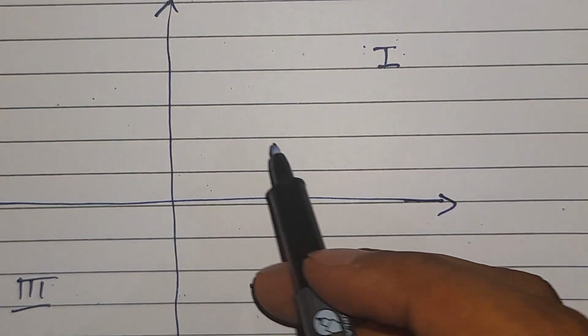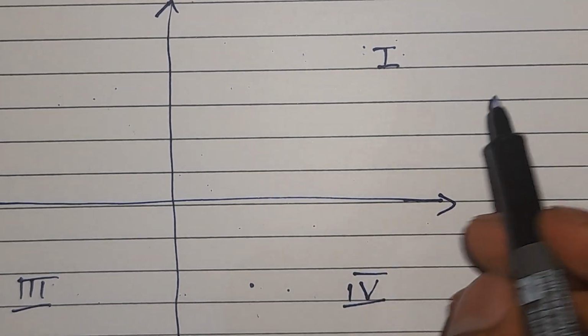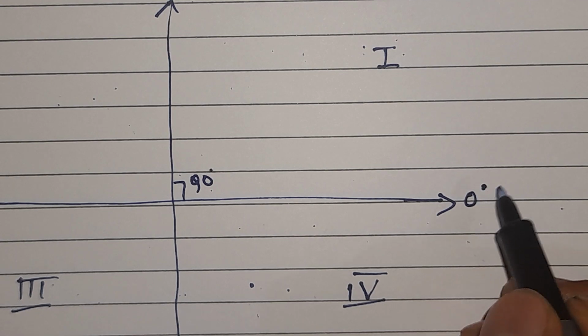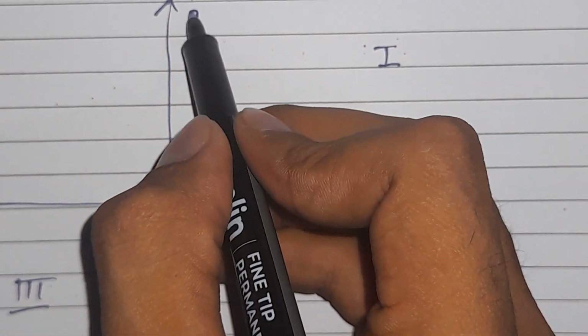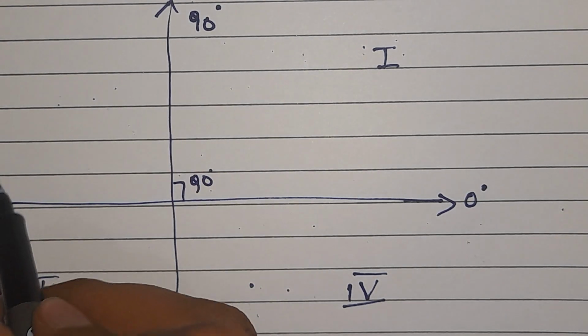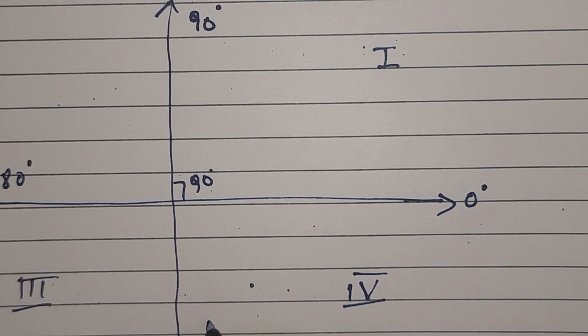This represents 0 degree, this is 90 degree, this is 180 degree, and this is 270 degree.